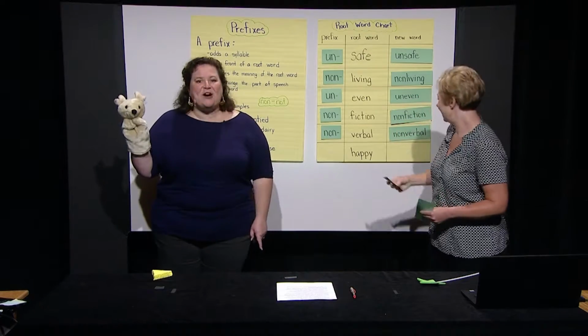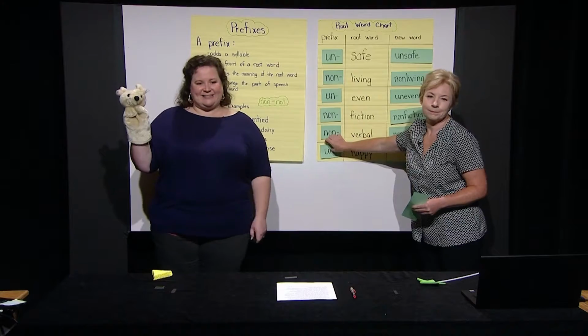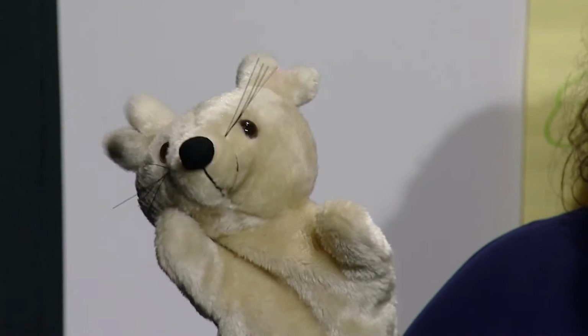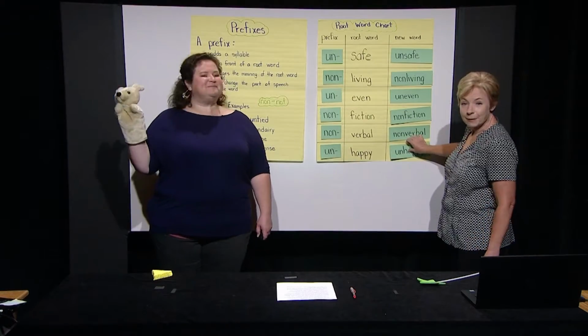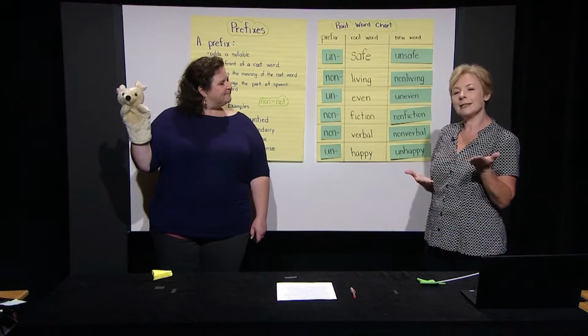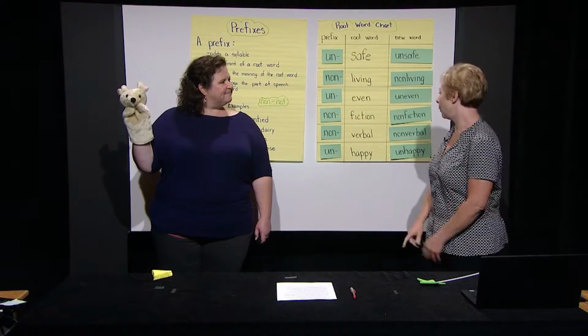If you said un, you are exactly right. So, our new word is unhappy. That's right, Rattenborough. Amanda, show the boys and girls at home what it looks like when you are happy.